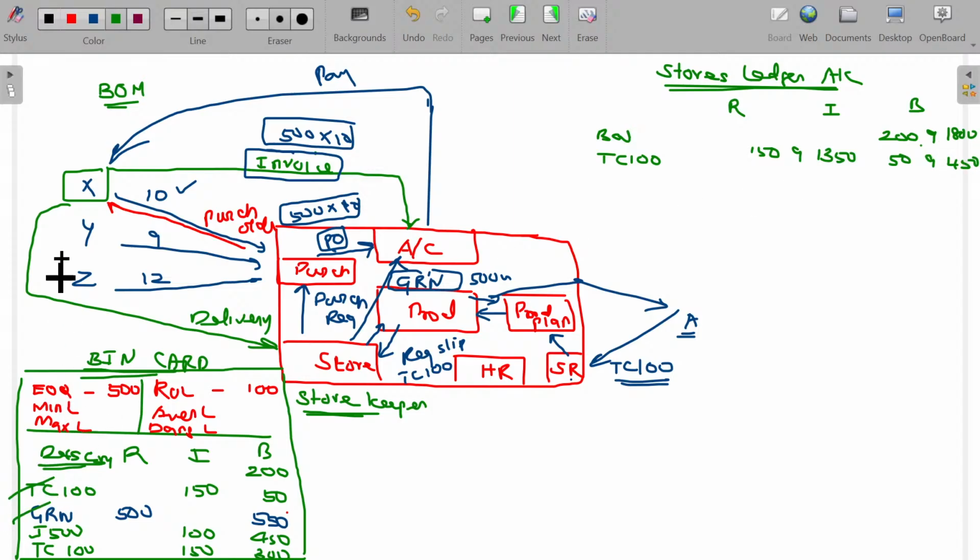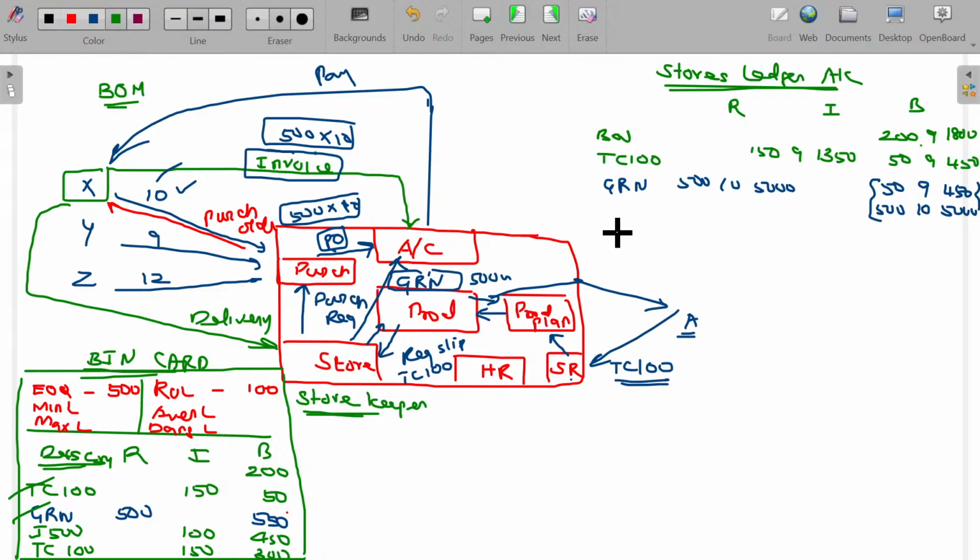Again, there are goods received, GRN, 500 units. What is the price? From the invoice, he can finalize the price. So 5000 rupees now in closing: 50 stocks at rupees 9, and another 500 units purchased at rupees 10, so 5000 rupees. These are the two varieties of goods they have.